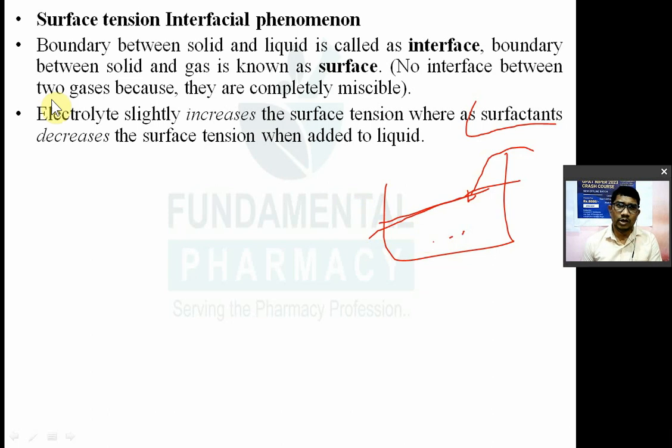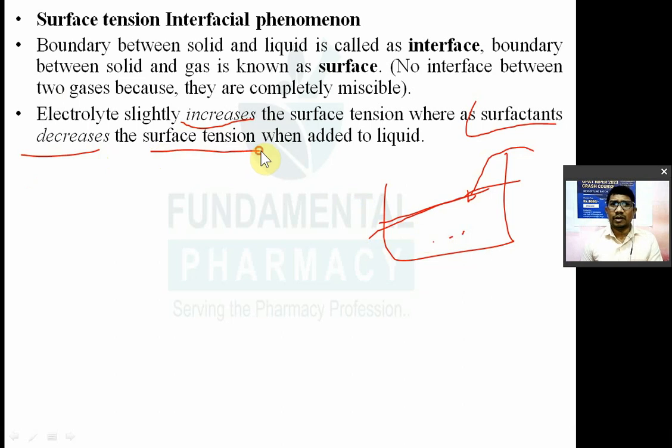So when you add an electrolyte to the liquid, there is a slight increase in the surface tension. If you add a surfactant, there is a slight decrease in the surface tension. Am I audible to you clearly? Okay.